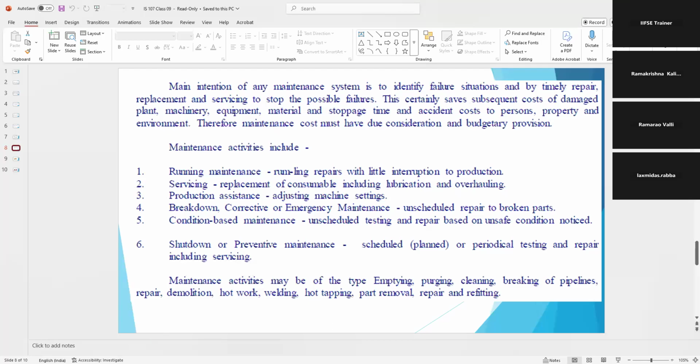These are a few of the activities which we cover in maintenance activities. These are not all, only a few.